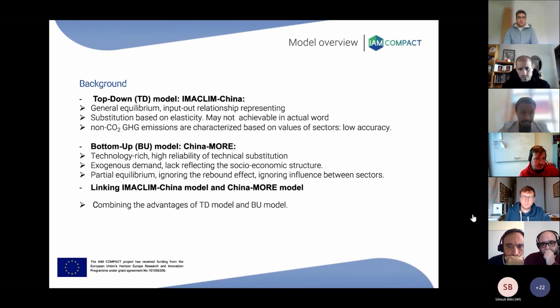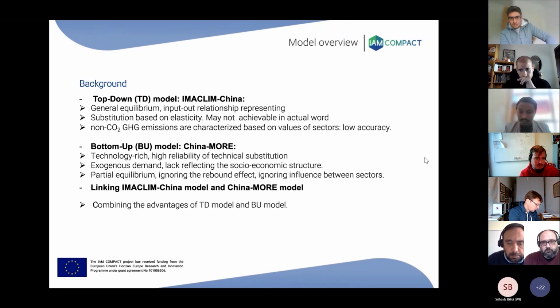The China-Mo model is a bottom-up model, or simply called BU model. Compared to the IMACLIM-China model, China-Mo is technology-rich. Technical substitutions are highly reliable compared with IMACLIM-China.